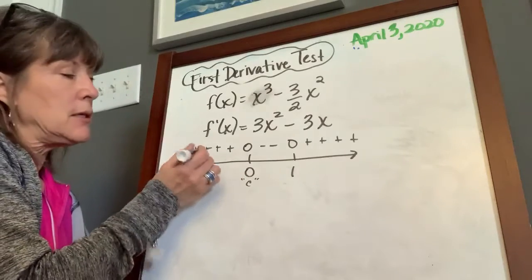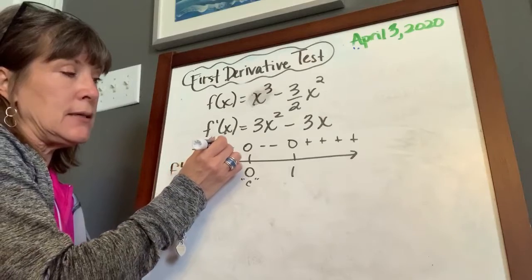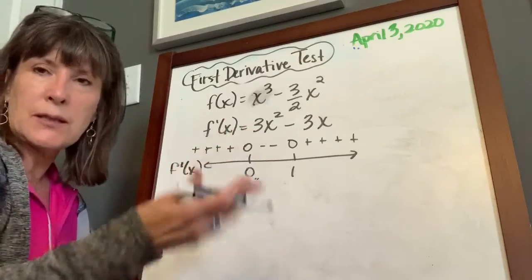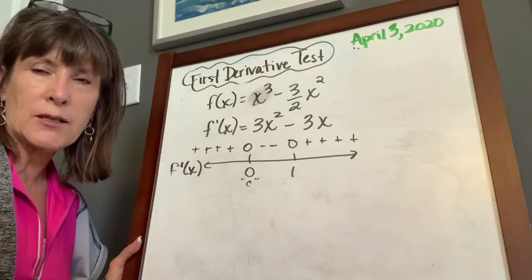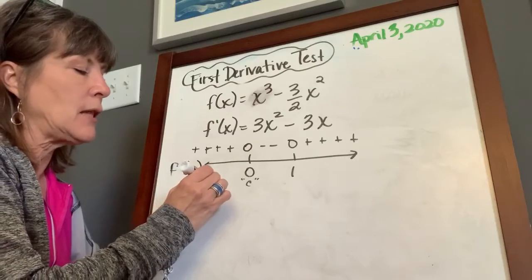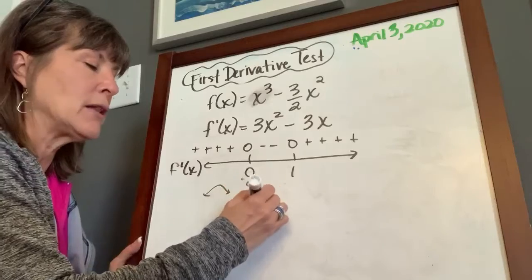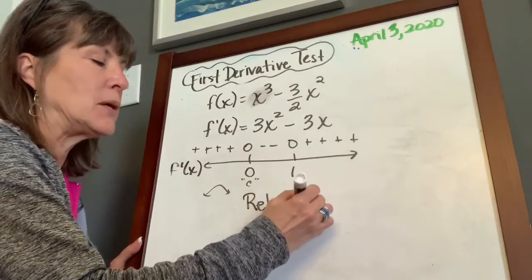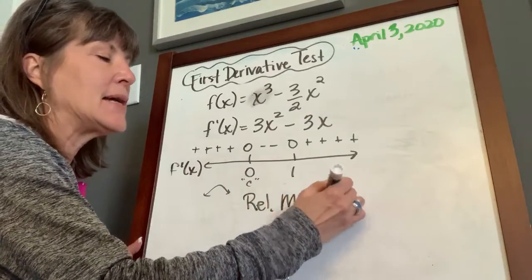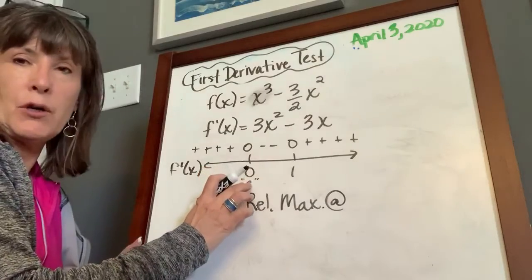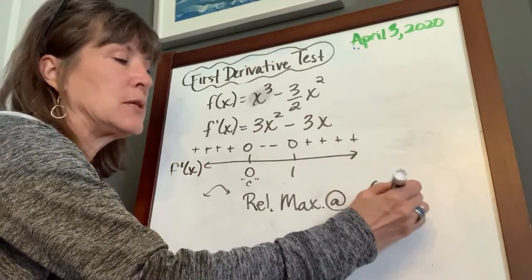To the left, it is increasing and then it's decreasing. So using that first derivative test that we just talked about, if it's increasing on the left and then decreasing on the right, we know that we have a relative maximum at this particular critical point, which is x equals 0.